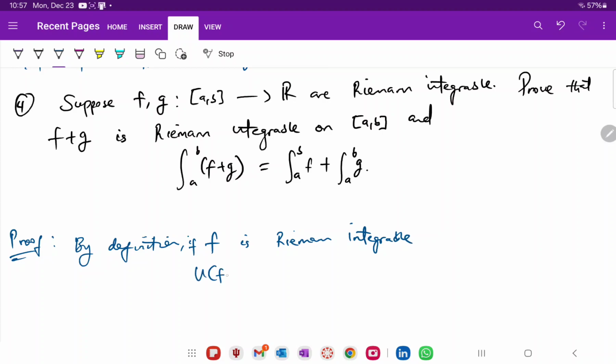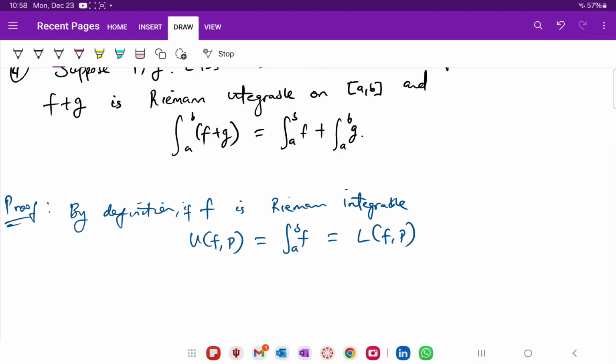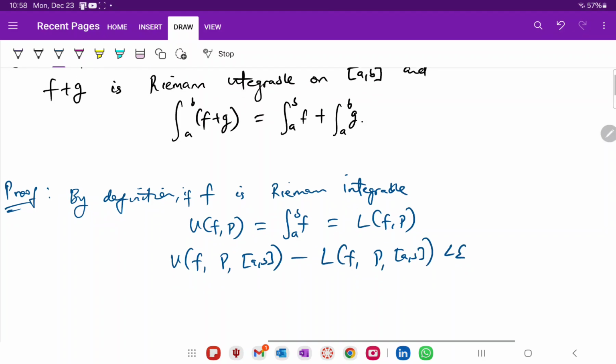Then we have the upper Riemann integral equal to this, and this is equal to this. And then also we know by problem 3, of which we checked the proof in our previous video, that this also holds for a partition P. So we'll be using this fact.